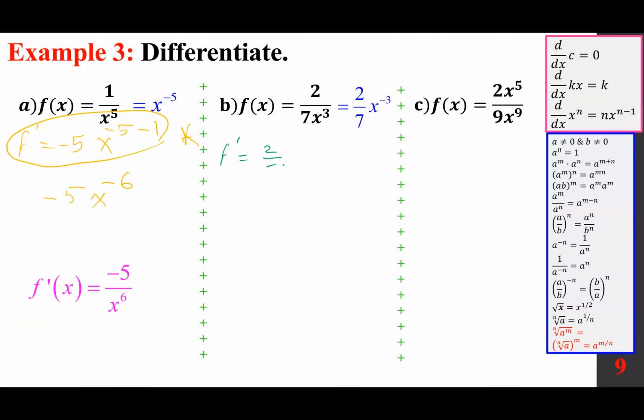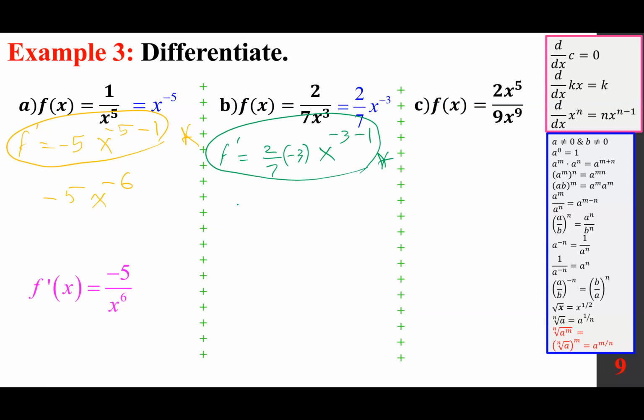F prime is 2/7 times the exponent -3, x to the power of the exponent minus 1. And again, calculus step. I put the asterisk next to it, and we're done with calculus.